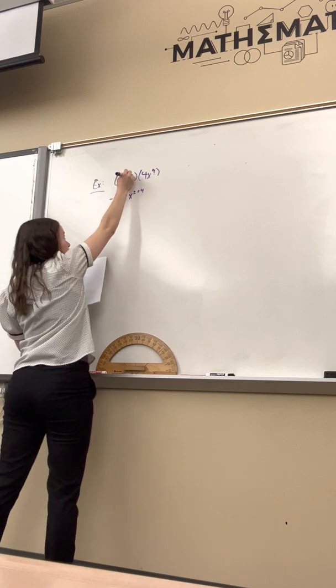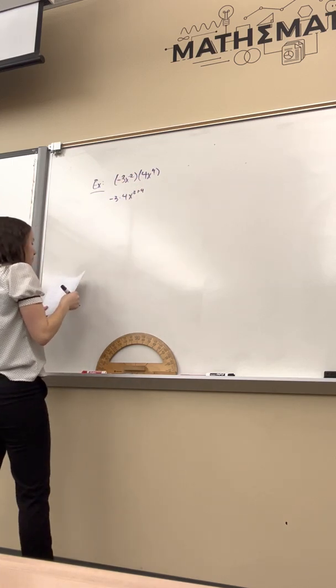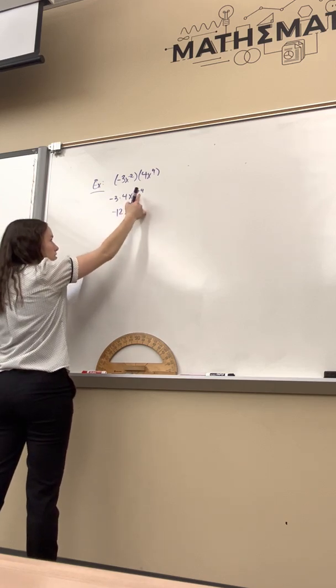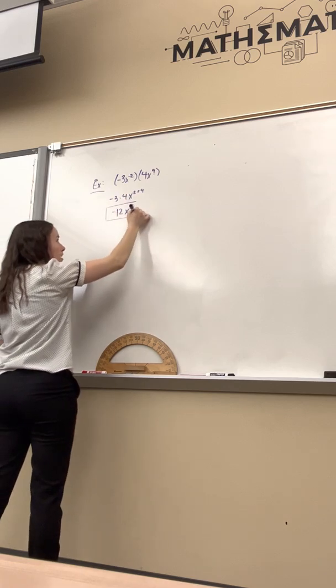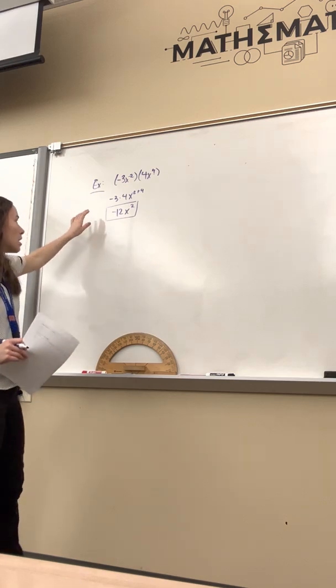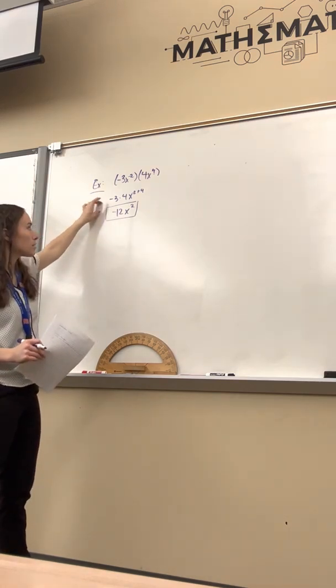Oh, sorry, this should be a negative 2 power. Okay, so this becomes negative 12x to the 2nd power. Okay, in your PFA or diagnostic, I'm not sure where this question came from, keep in mind that it asks for multiple answers, and so you're going to have something that looks like both of these.